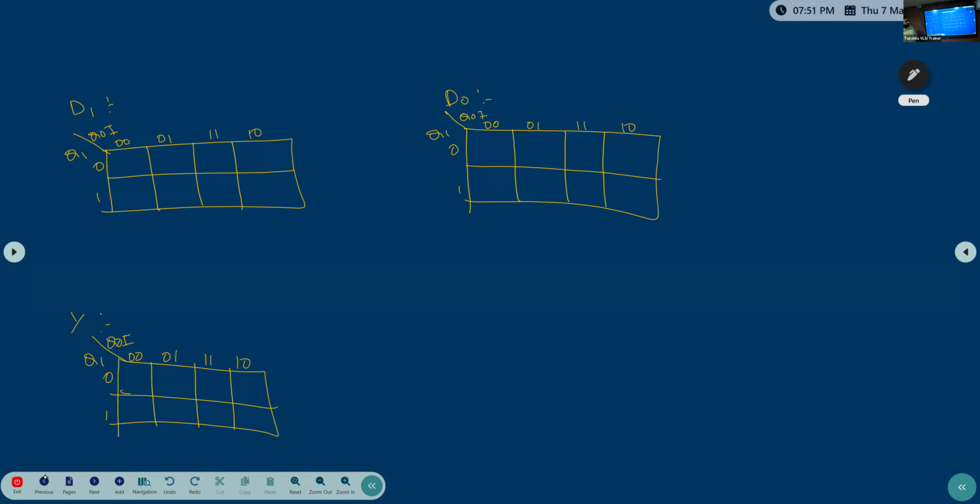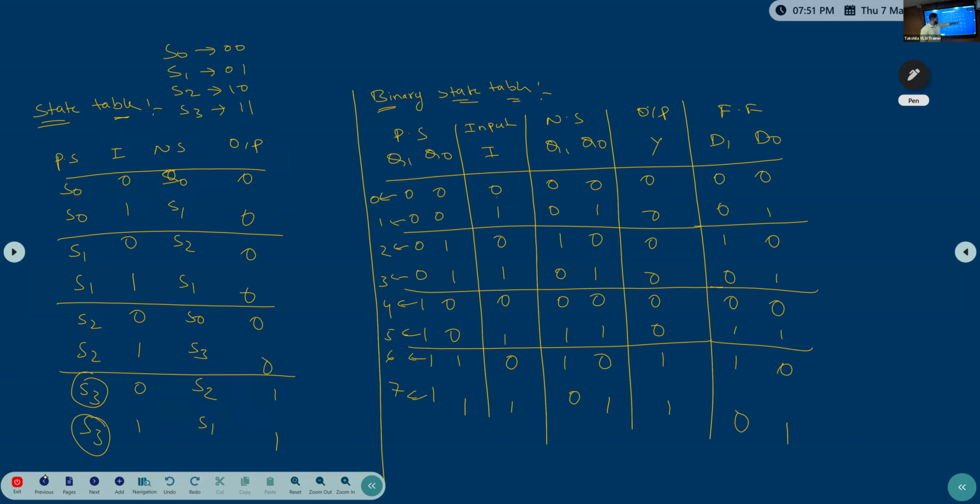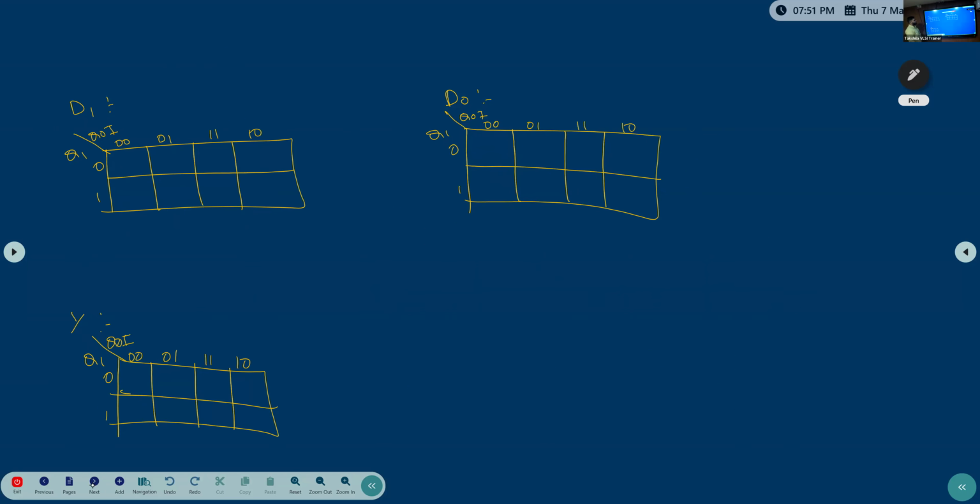So now K-map D1: it is 1 at 2, 5 and 6. This is 2. This is 5. So this is 6. This is 7.